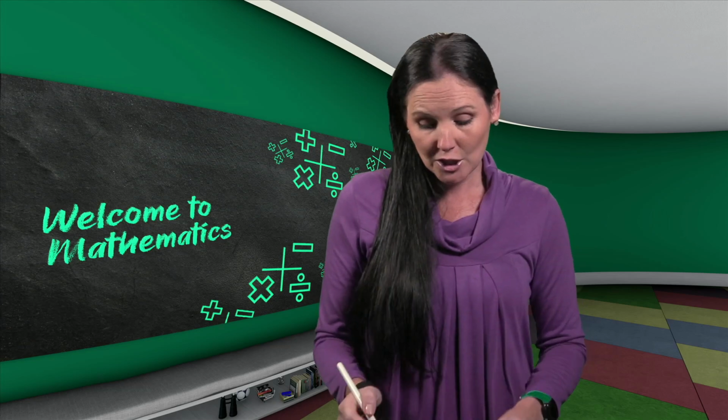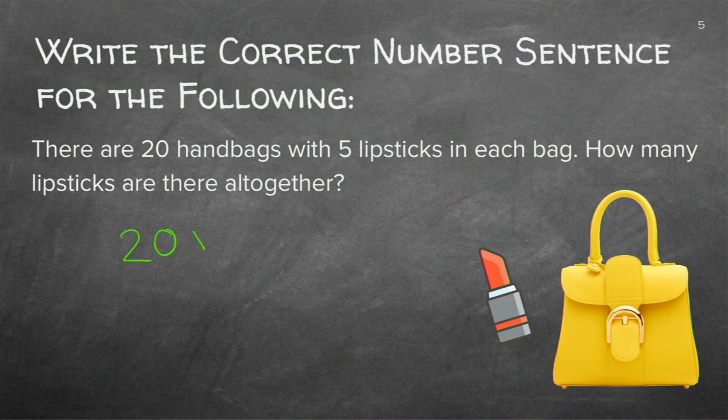So what calculation do you think I am going to use? Do you really want to go 20 plus 20 plus 20 or 5 plus 5 plus 5 plus 5? What's the easiest calculation that you will use? Yes, that's correct. Multiplication. So I'm using the symbol for multiplication. 20 times 5 equals whatever the answer will be.